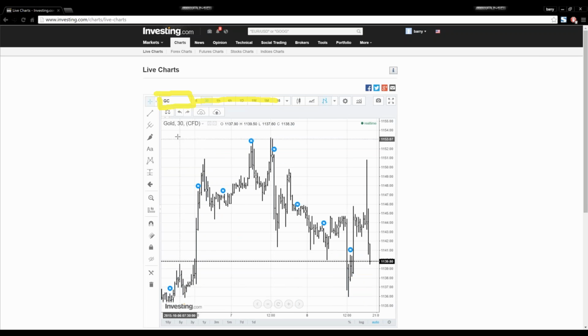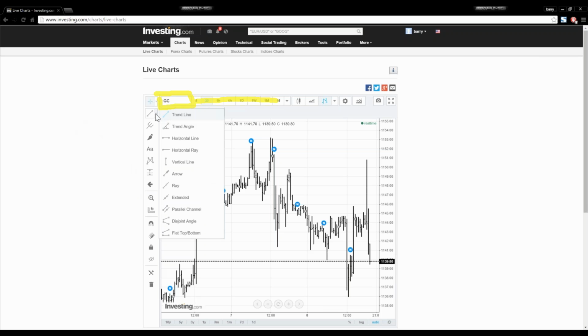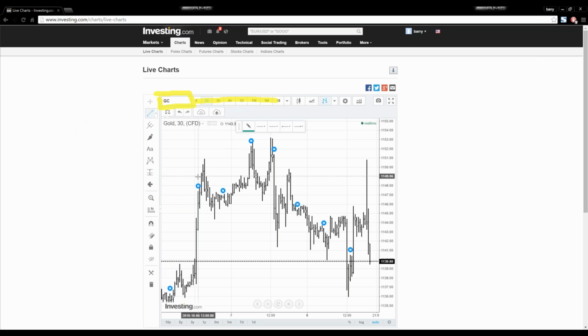Now comes all of these tool stuff. If you're a beginning trader, or you're somebody who just uses charts as a secondary tool, all you need to know is where to find a trend line and how to put it on. You have to click on it to activate it, and most of them will give you a way to set the color, set the width, and all those kind of things.